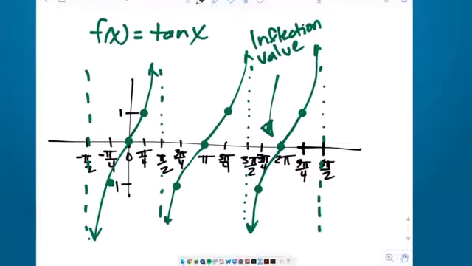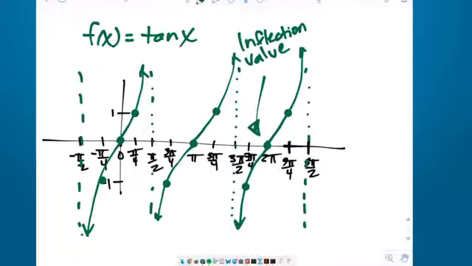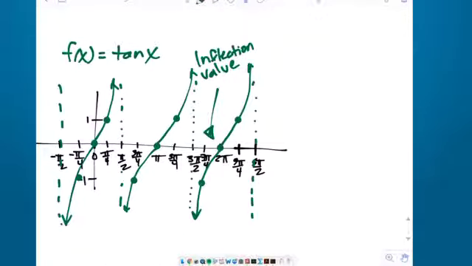What is probably the most noticeable feature of that graph compared to, let's say, the graph of sine and cosine? There's no wrong answer. It depends on what you notice. It goes up and down forever and ever. Yeah, good. So where sine and cosine were bounded above and below by 1 and -1, they stayed in between -1 and 1.